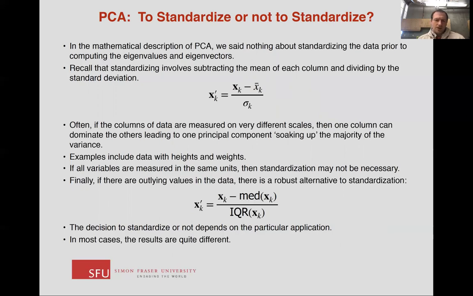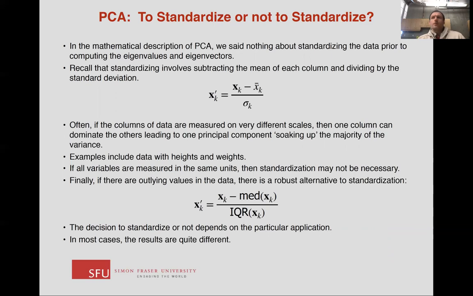So X prime here is column K, subtracting the mean of column K and dividing by the standard deviation of column K. So we now know that our data will be centered at 0. The new data has a mean of 0 and a standard deviation of 1.